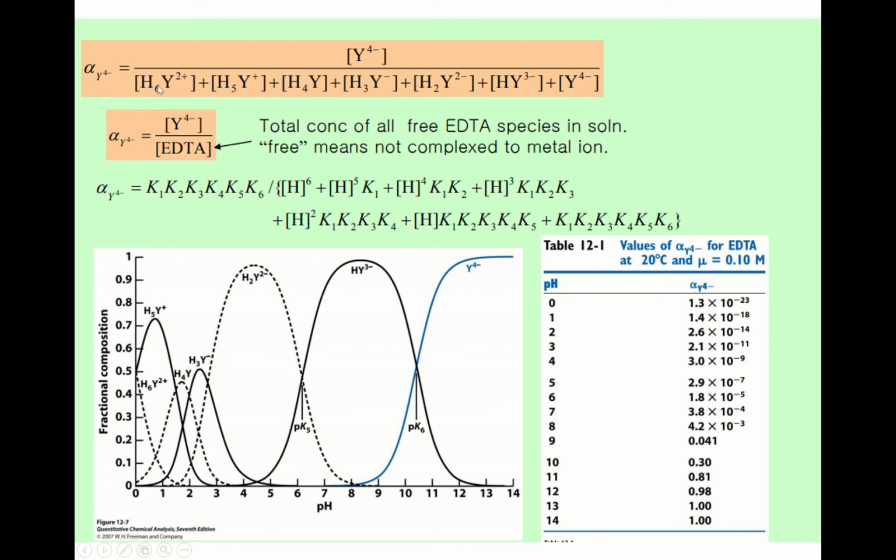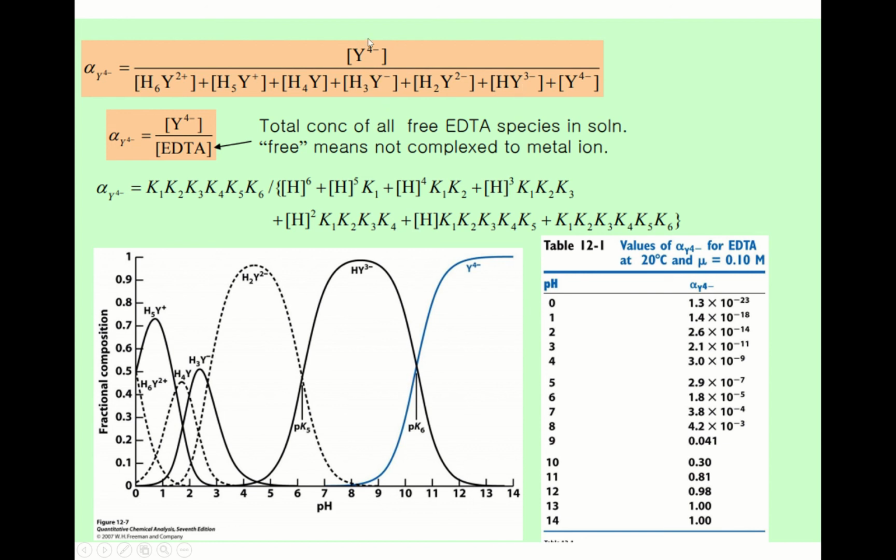By definition it can be written this way. The denominator is the total concentration of EDTA. It takes different forms, so the sum of all these forms is the formal concentration of EDTA.